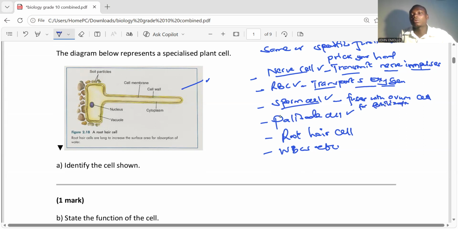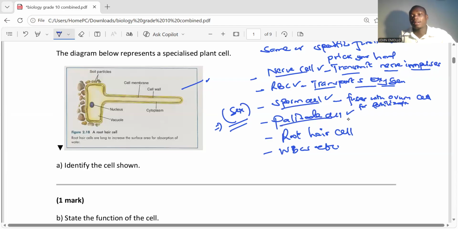Remember, this sperm cell is what carries the sex of a child or of a person or of a man. So it is men or it is the male gender that carries the sex, and it is carried within the sperm cell, the XY chromosomes. You will learn more about chromosomes, don't worry.